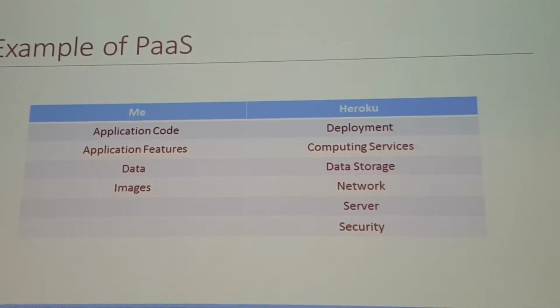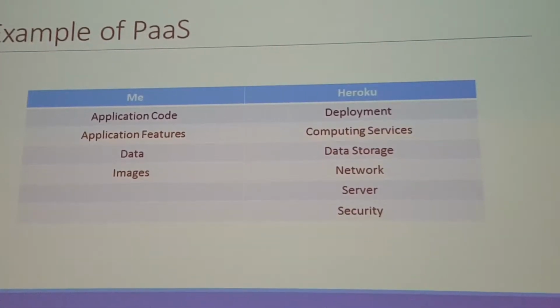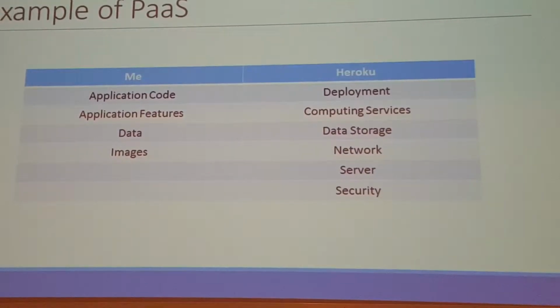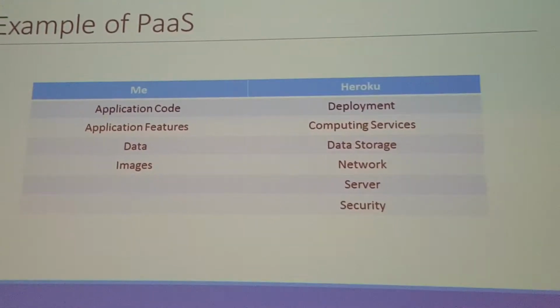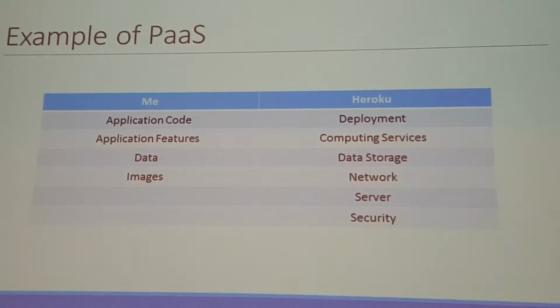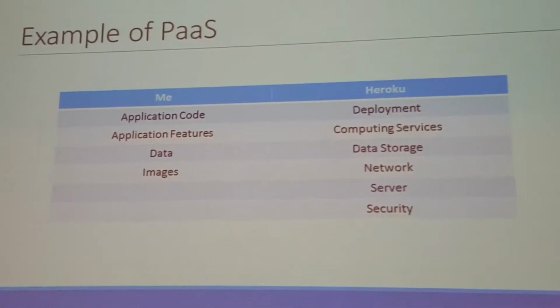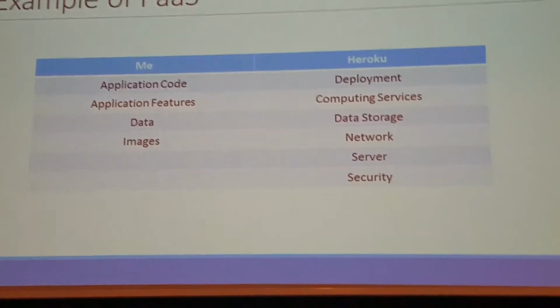It was a task managing app, so the only code that I personally had to manage was code to implement the features of the managing app, a couple of security features, and then also the code for the HTML and CSS to design the web page itself. But then Heroku did the rest, so it allowed for deployment. It provides a server to host my application, as well as many other things.